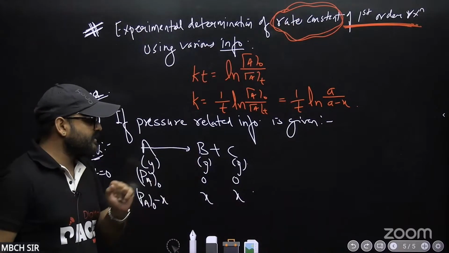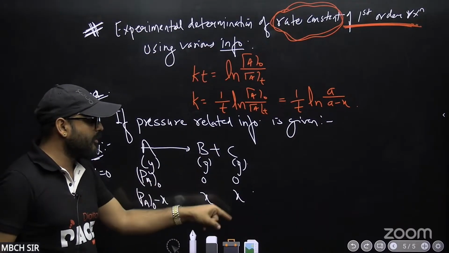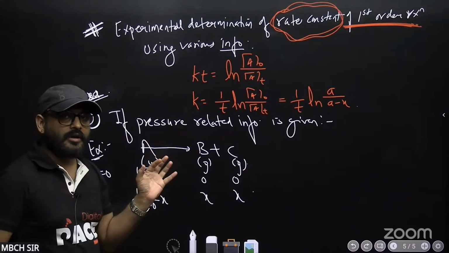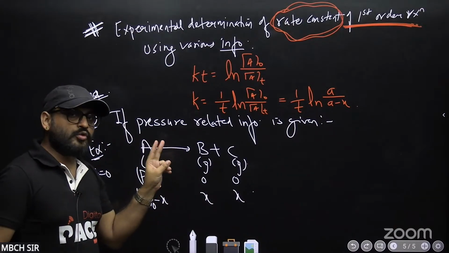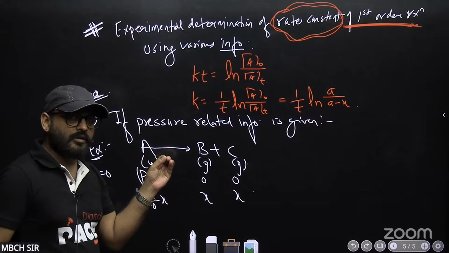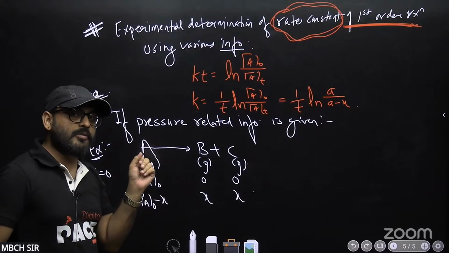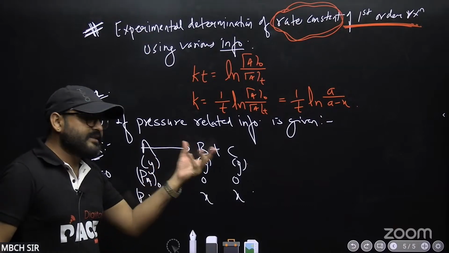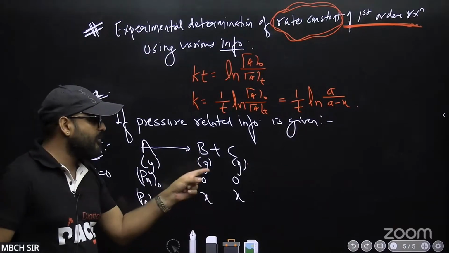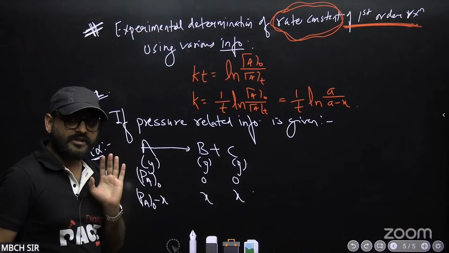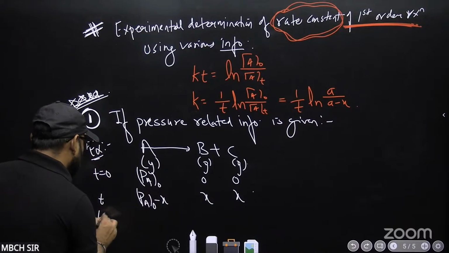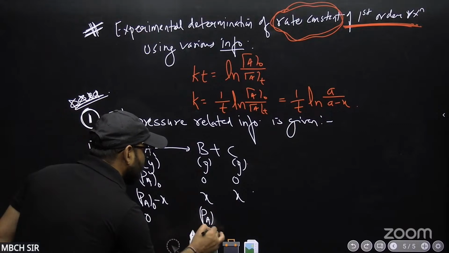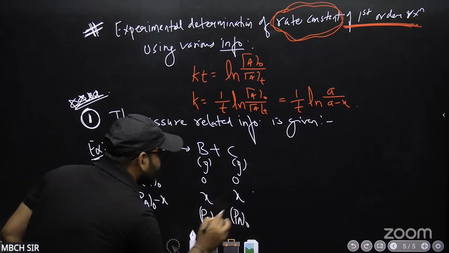If C is, let's say, solid or liquid, then we won't write anything for C. Are you getting my point? If I'm putting some stoichiometric coefficient, then we can take care of it. If I'm changing the state to solid or liquid, then we won't write anything for that substance. Then at t equals to infinite, this is 0, this is Pa naught, and this is Pa naught as well.